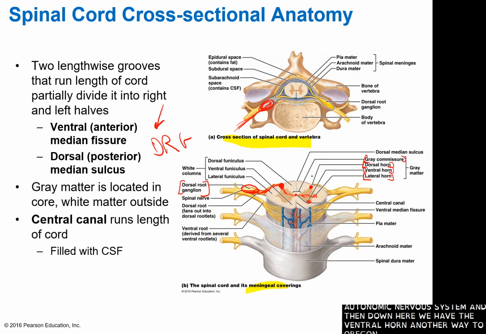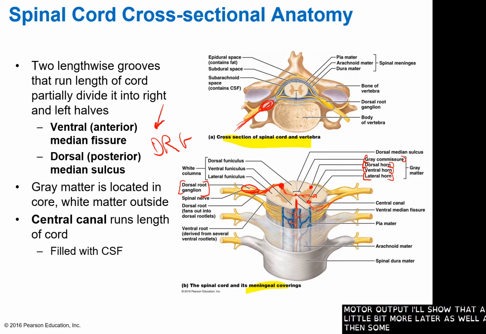Another way to orient yourself on the spinal cord, there's this ventral median fissure, which is a pretty deep fissure on the actual spinal cord. You can see it on this one right up here. So that's on the ventral side or the anterior side. So here is the ventral one, and this is where the signal then comes out. So for somatic motor output, I'll show that a little bit more later as well.